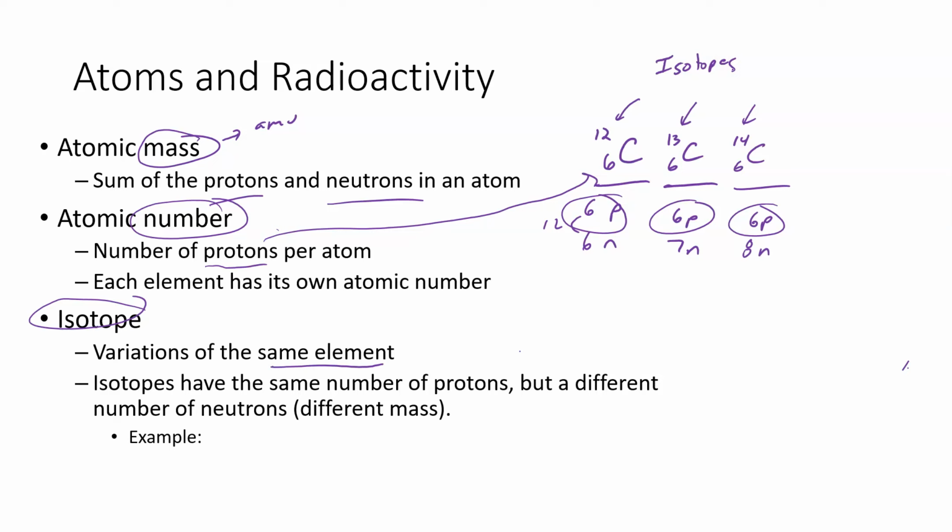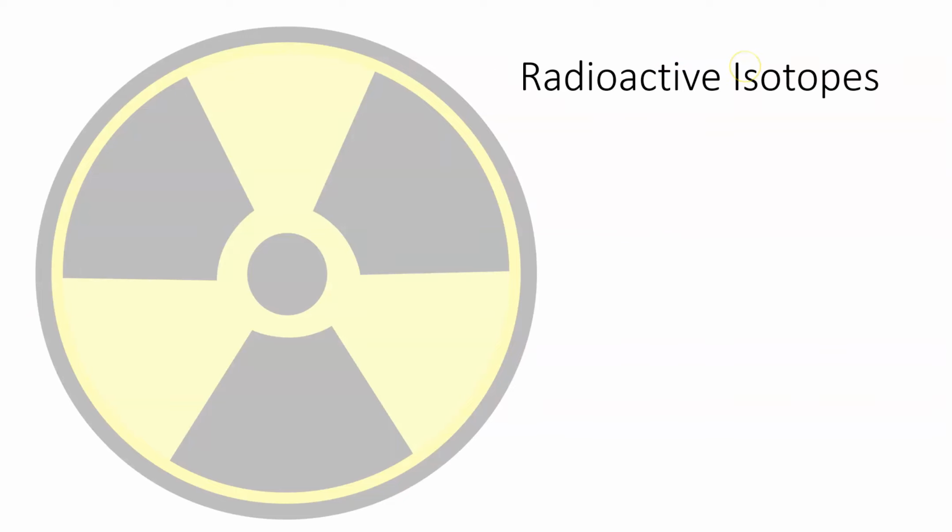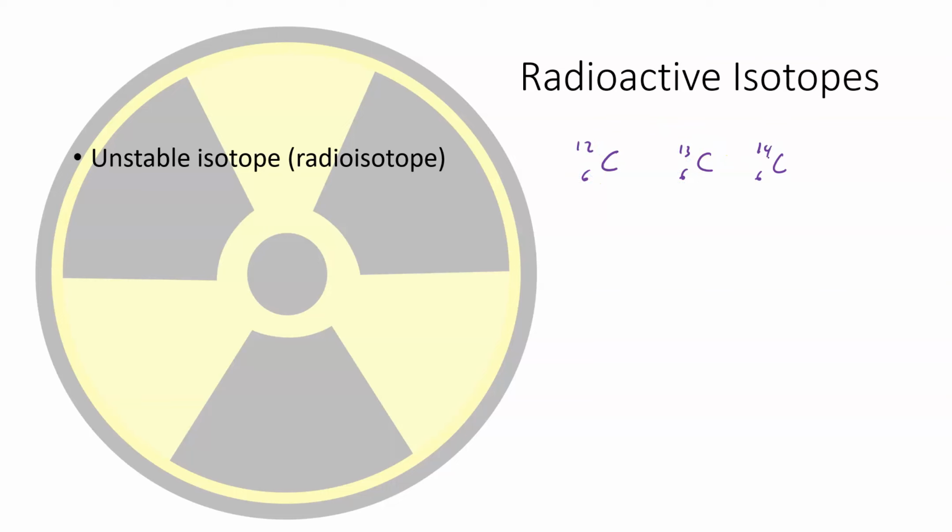Now, when we have what's called a radioactive isotope or a radioisotope, that's one that is unstable. Again, we can go back to our 3 varieties of carbon, 6, 6, 6, 12, 13, and 14.